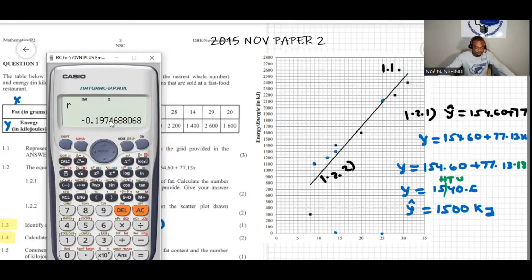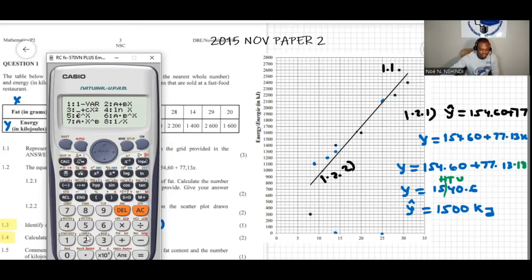I did the calculation before, but I think I may have written the numbers incorrectly. Let me start over. Stats is number 3, and then a plus bx is number 2.